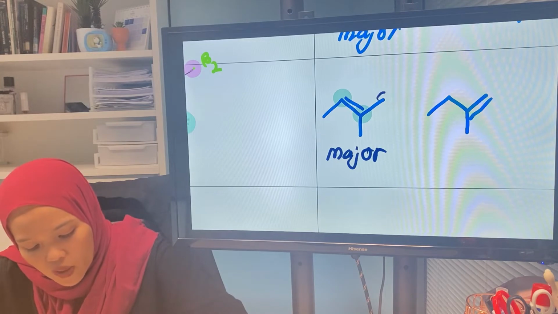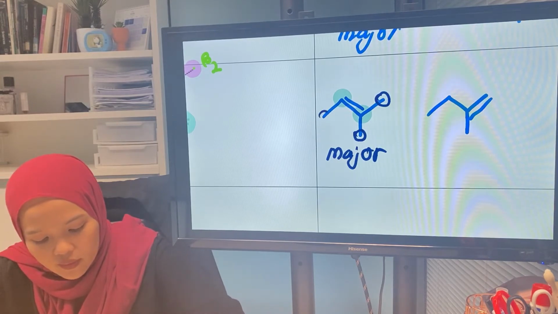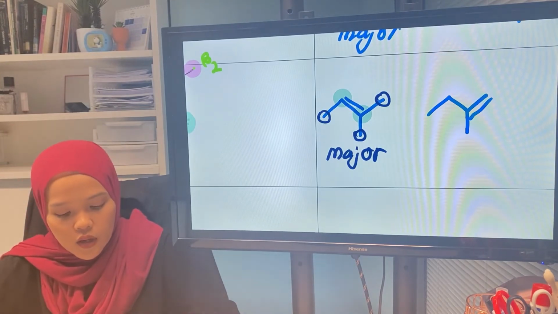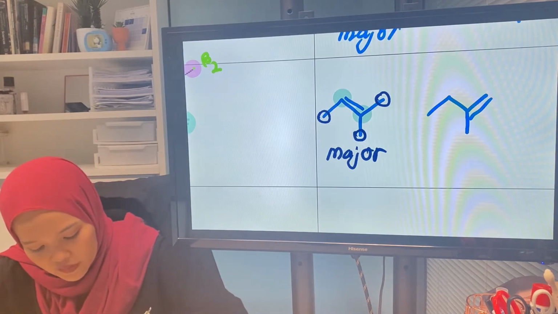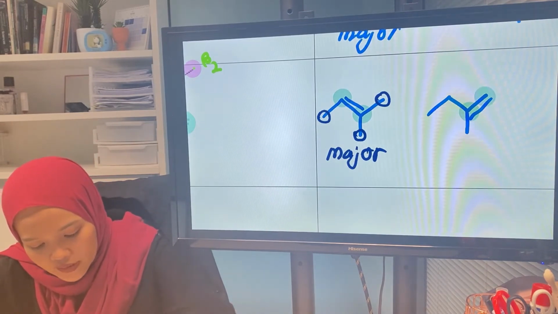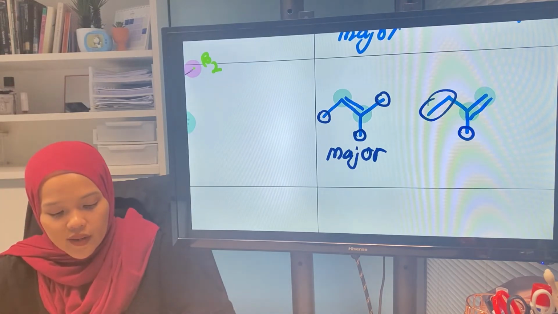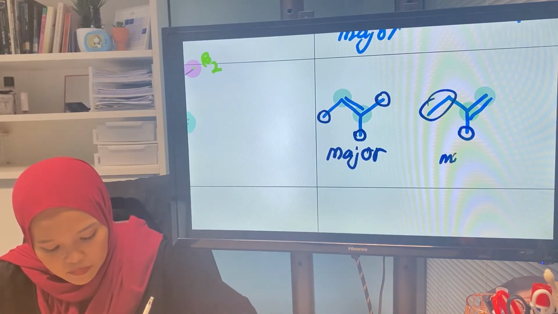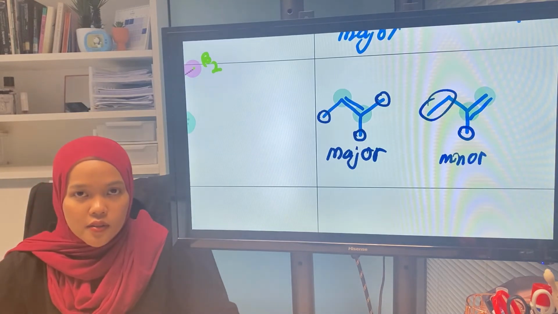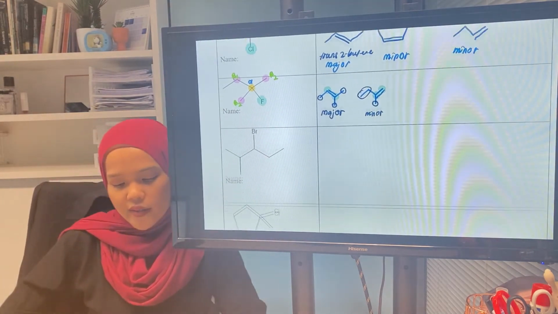You have 1 substituent, 2 substituents, 3 substituents of R. But if you look at this carbon, you only have 2, which is 1 and 2, correct? So this one is going to be the minor product.